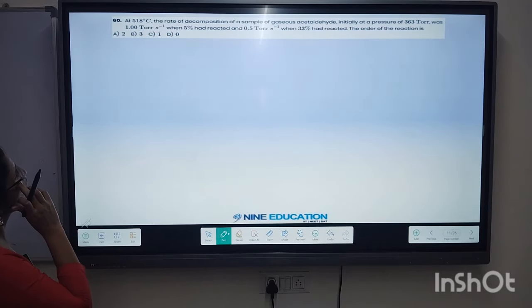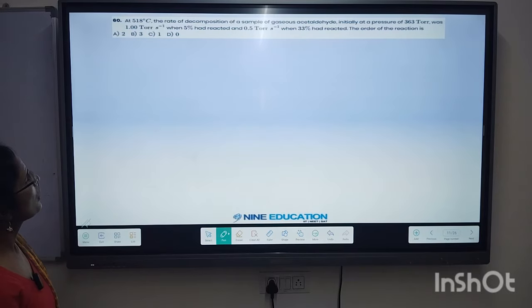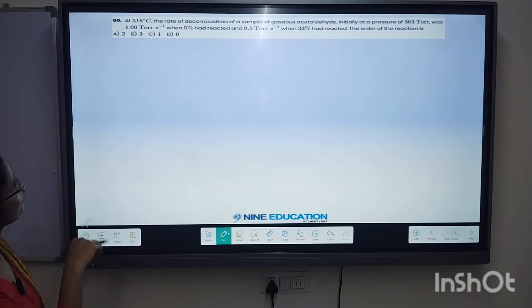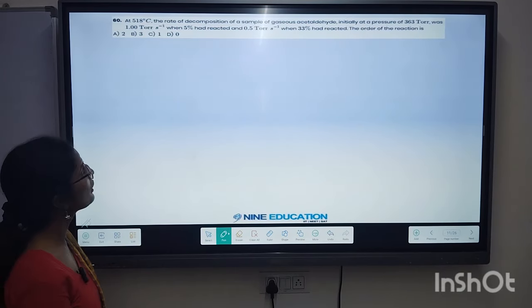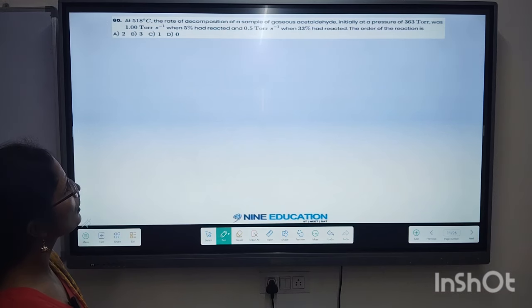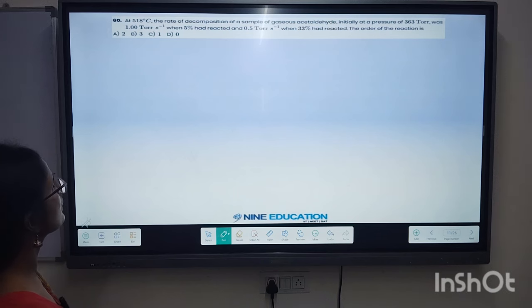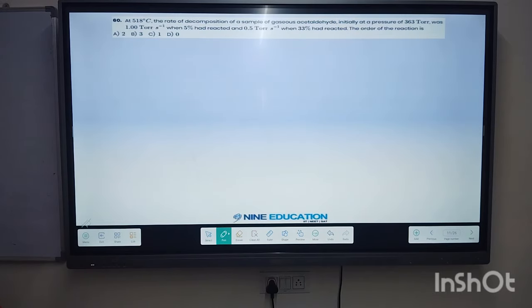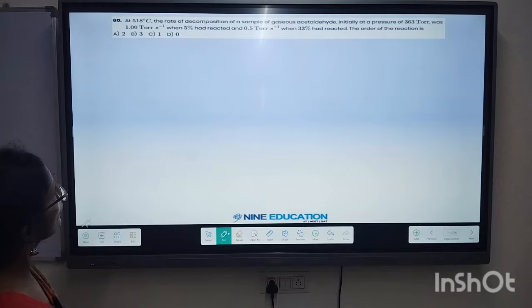Next we have: at 518 degrees Celsius, the rate of decomposition of a sample of gaseous acetaldehyde initially at a pressure of 363 torr was 1 torr per second when 5% had reacted, and 0.5 torr per second when 33% had reacted. The order of the reaction is, okay, some temperature is given and we are talking about decomposition of gaseous acetaldehyde, some initial pressure is there, and later they are talking about two rates.